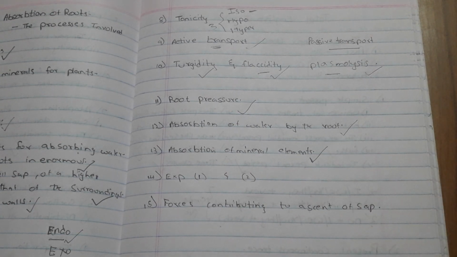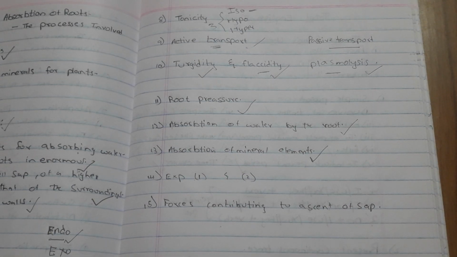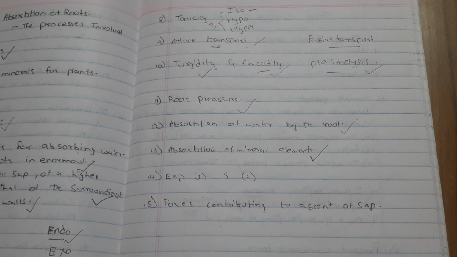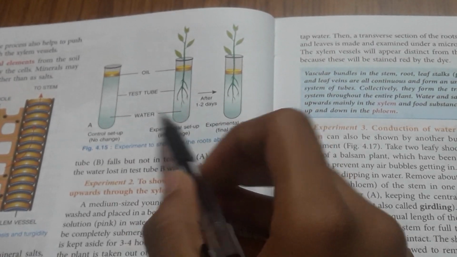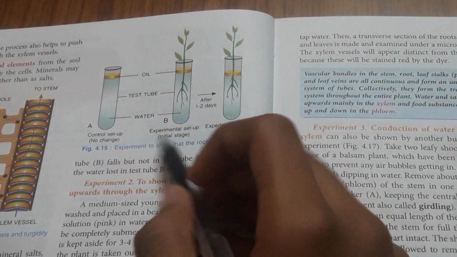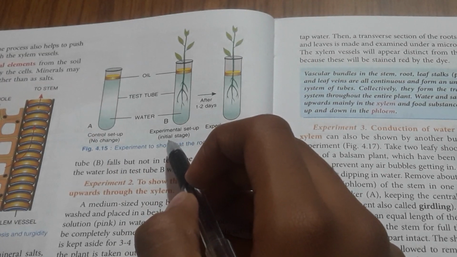I said at the start that I will explain two interesting experiments. The first one is to show that roots absorb water. First, you need to take two test tubes, test tube A and test tube B. This is a control test tube and this is the experiment setup.